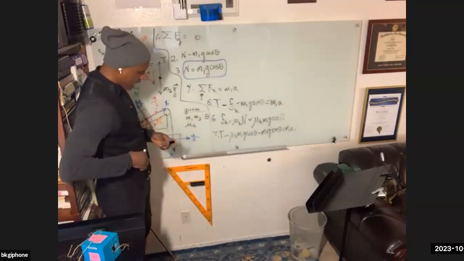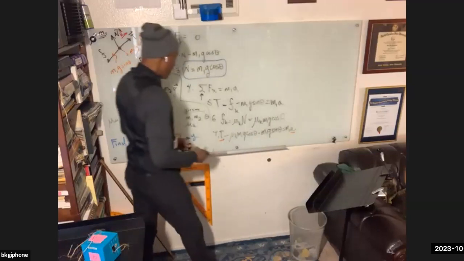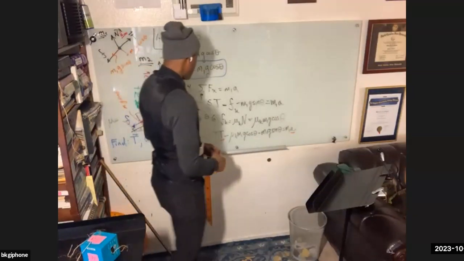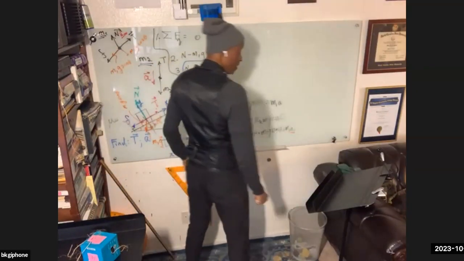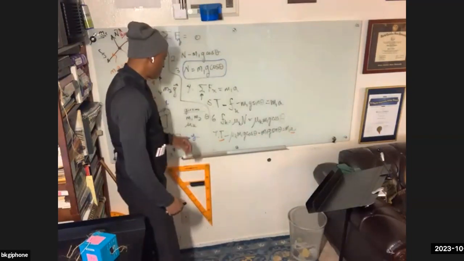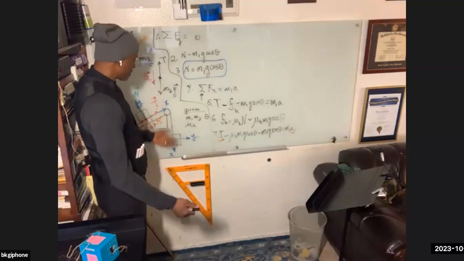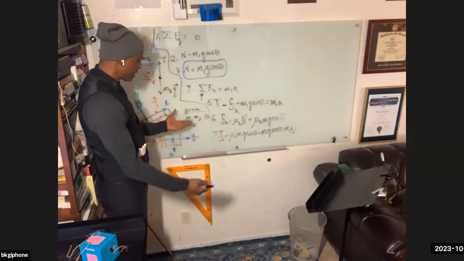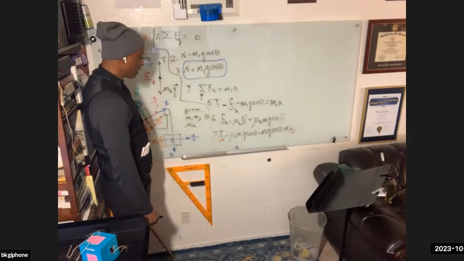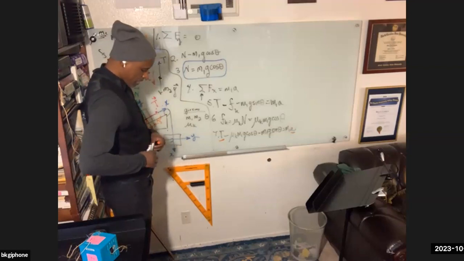So here we've got two unknowns, T and A. We've now exhausted everything for block 1, and we have to go to block 2. Block 2 is still the same. It's just going to be M2G minus T is equal to M2A. That's not going to change. So let's write that down.